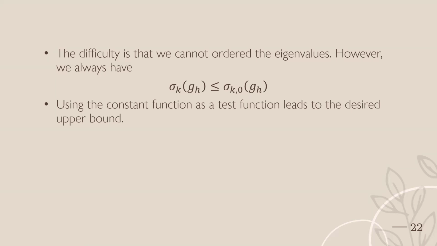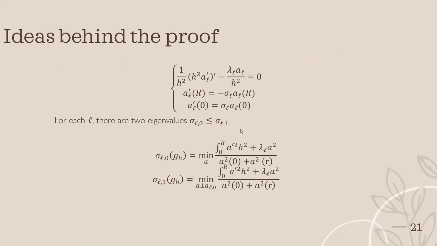And to find an upper bound, we use the variational characterization with a good test function. The variational characterization that we use is the first one, for sigma L0. Here, the minimum is over any function A that is not 0. The easiest one that we can choose is the constant function.